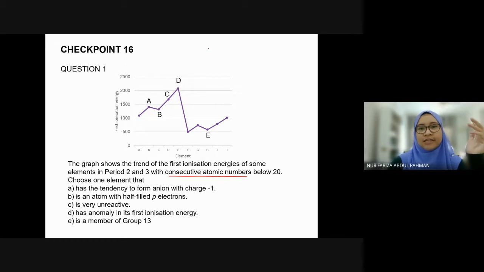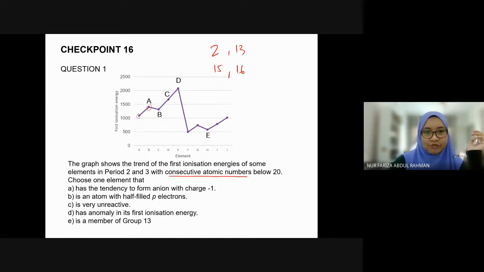Okay. Remember kita ada anomalies group 2 and group 13 and 15 and 16. Okay, so this is very unlikely, okay, to be group 2. Okay, ni bukan group 2, ni bukan group 13. Sebab dia dah sampai peak dekat situ and then dia starting from here, dia start dekat sini.